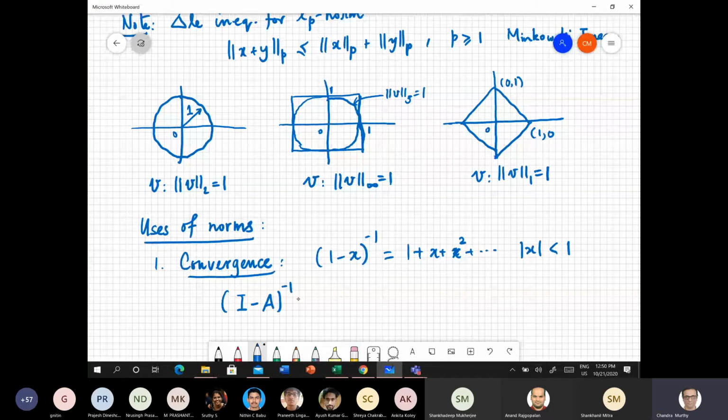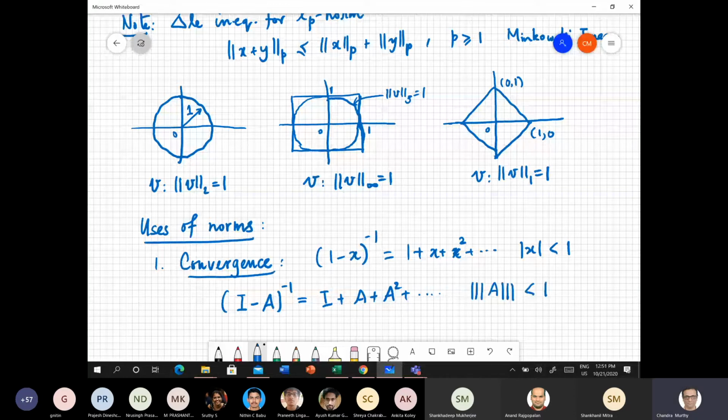When can I write it as I plus A plus A squared plus etc.? Now, obviously this condition suggests that we need a condition on the size of this matrix A, and the answer is that this is true if a matrix norm on A, which I'm going to write with 3 lines, is less than 1. So going forward, I will use 3 lines to denote matrix norms.